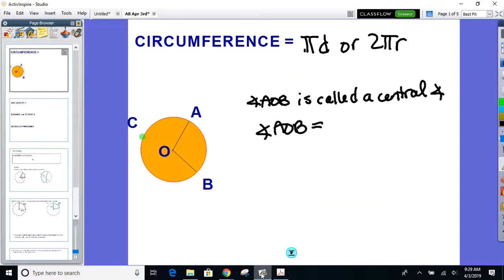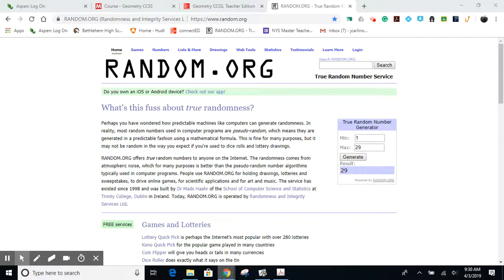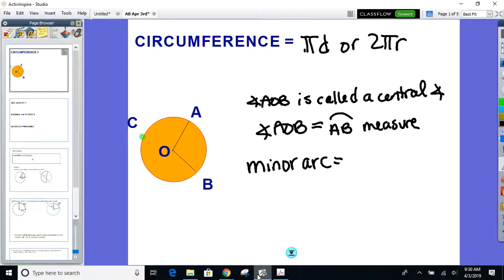Okay, name the arc, Billy. AB, there you go. Those two have the same relationship. Not done yet. Hook me up with a minor arc on my diagram. AB is a minor arc.